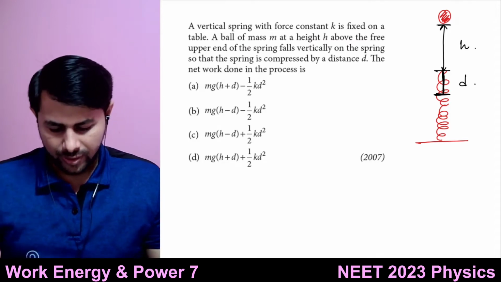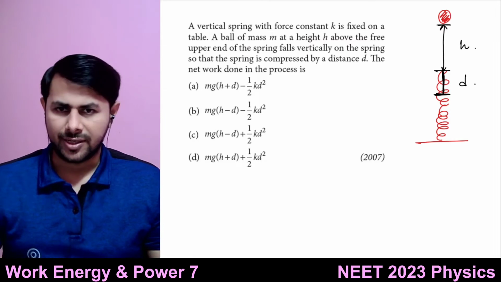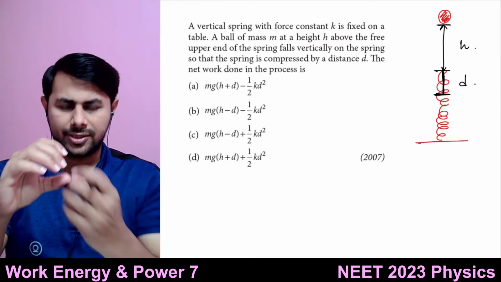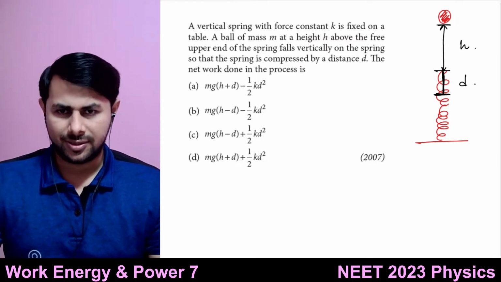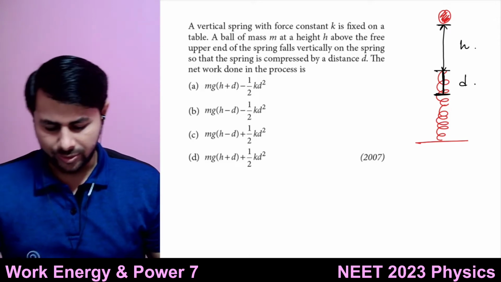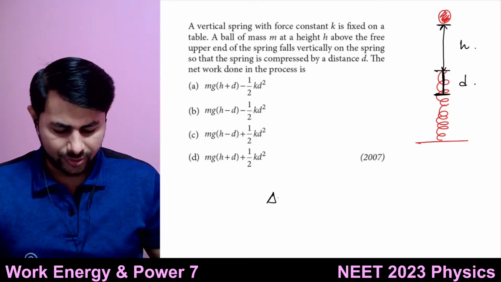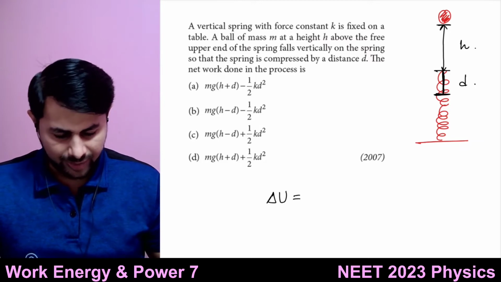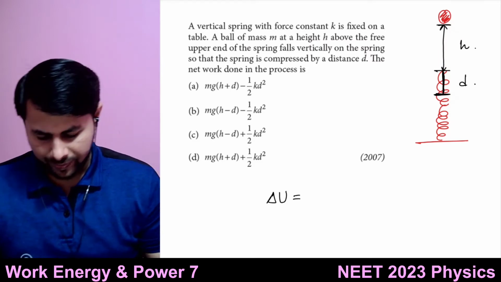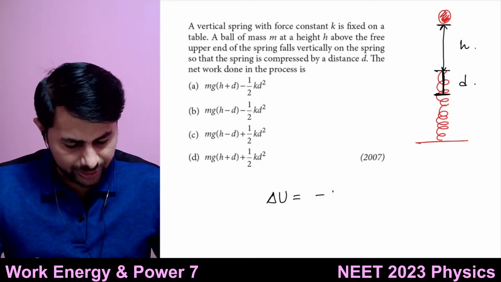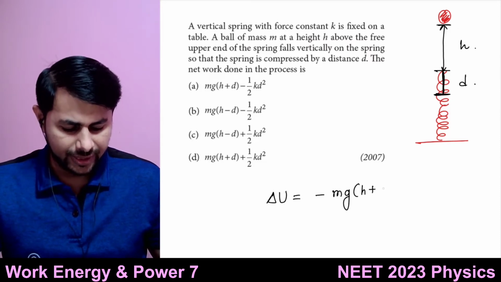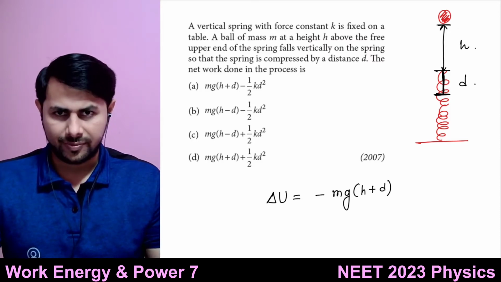See, you can see it in this way. Now that mass is losing its potential energy, yes or no? Let's find out the total change in potential energy. This mass is losing the potential energy, right? So its change in potential energy will be minus mg multiplied by the change in height, h plus d.